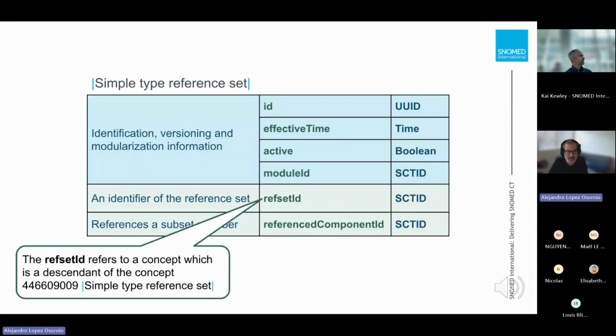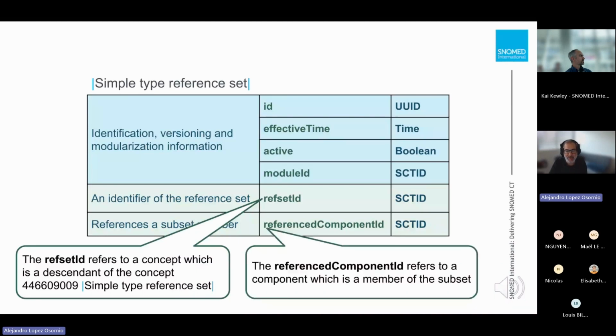In this case, the concept will always be a descendant of simple type reference set, like we saw there was a grouper for the dentistry refsets and then the odontogram refset. They may not be a direct subtype of the simple type reference set concept, but they're always inside that small hierarchy.